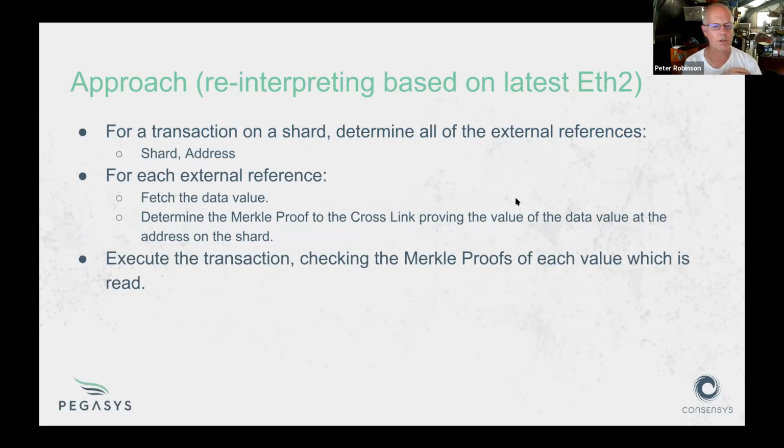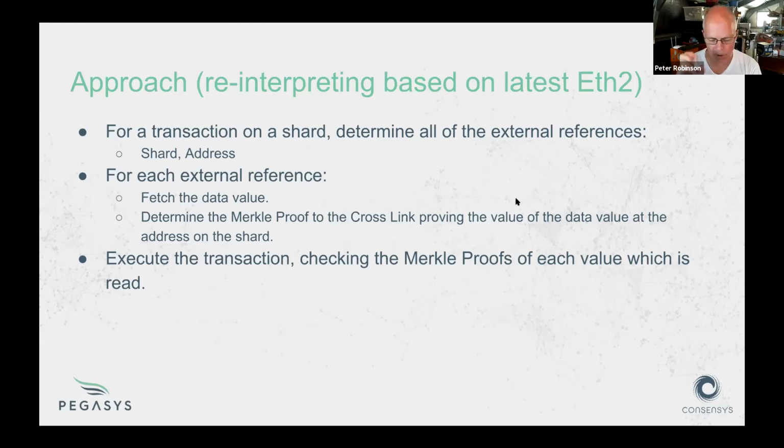For each transaction on a shard, you look at it and you determine what it references that's external to the current execution environment. So you work out what other shard it might use and what the address within an execution environment it uses. And so you fetch the data value and you determine the Merkle proof that proves the result of that data value on the other shard.